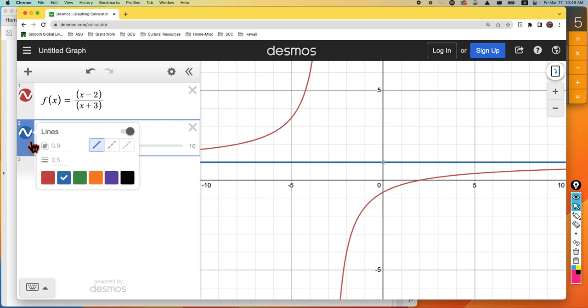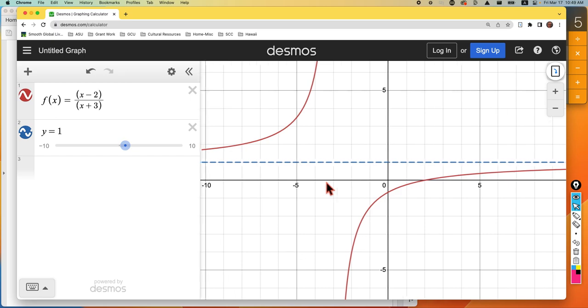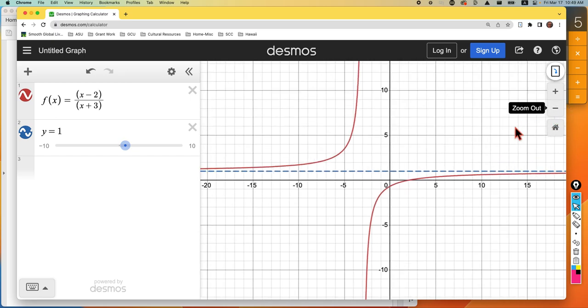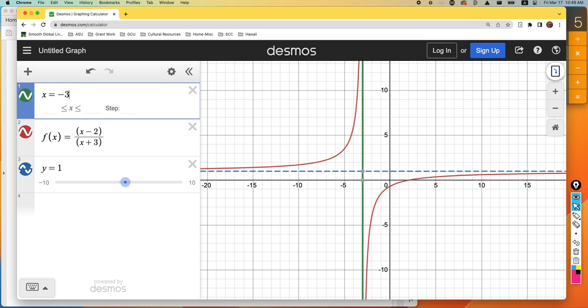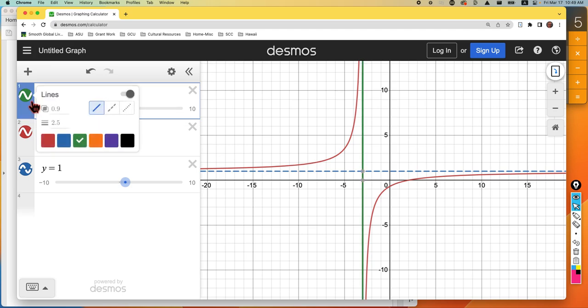I'm going to click on this, and it lets me put a little dotted line. So as we zoom out a little bit, we can see that's what's going to happen. That's the horizontal asymptote. We have a vertical asymptote when x equals -3. I'll change it also by click and hold on it. There we go.